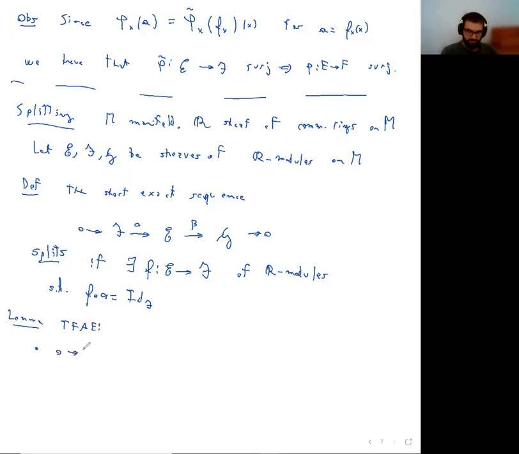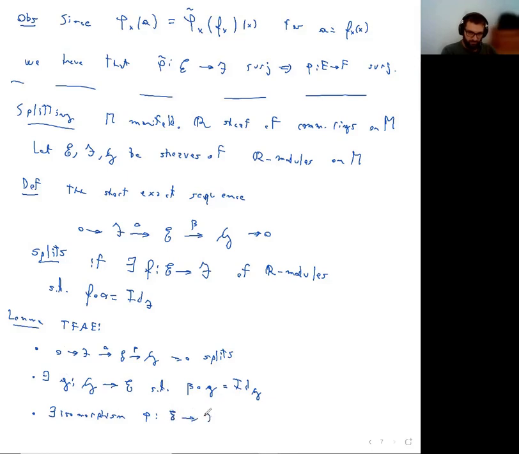So 0, F, E, G splits. There exists a g from G to E such that beta composed g is the identity on G. And there exists an isomorphism phi from E to the sum of sheaves F and G such that, I think you know where we're going, so I'm just going to write it a bit small instead of taking a new page.